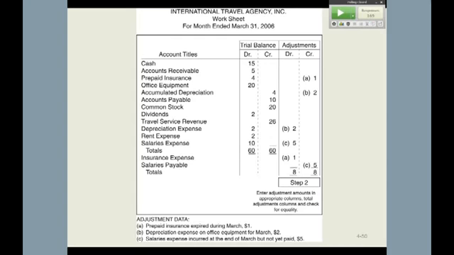The insurance started out at 4, but you were told that 1 was used up in the process, so the adjusted trial balance should reflect 3. Office equipment did not change, and the accumulated depreciation started with a credit balance of 4, and it now has an additional depreciation that's accumulated, and that goes to 6.